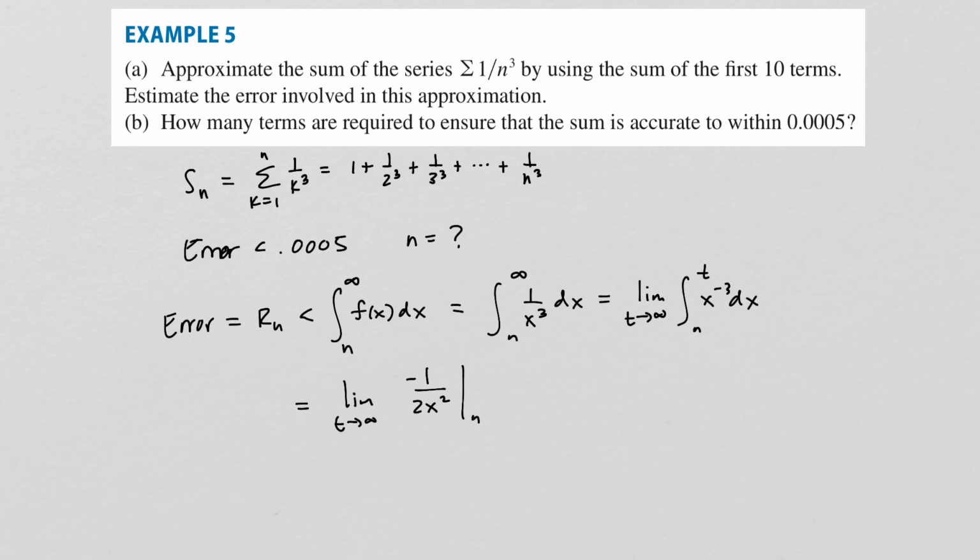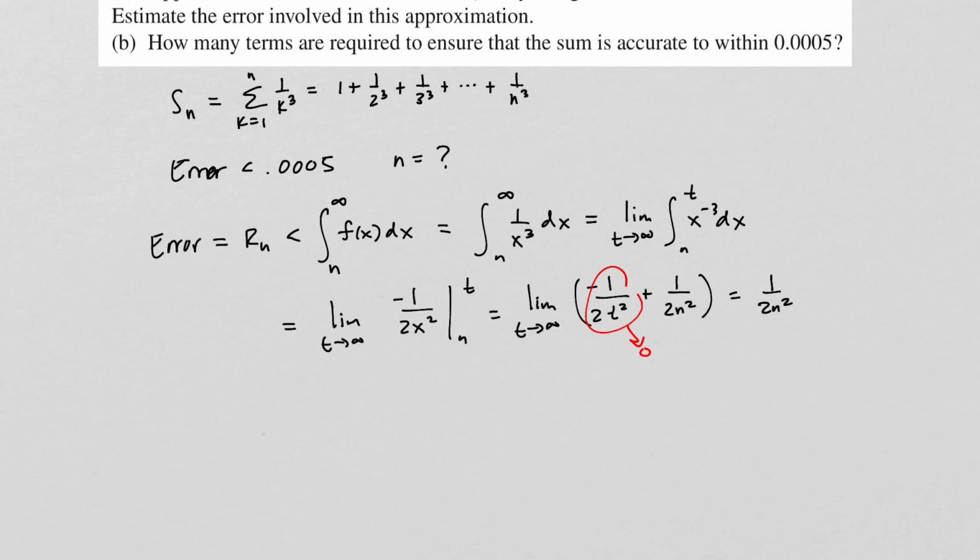And then we evaluate this from n to t. And this is the limit as t goes to infinity of negative 1 over 2 times t squared minus negative 1 over 2 times n squared. And this, of course, is equal to 1 divided by 2n squared, because this goes to 0 as t goes to infinity.